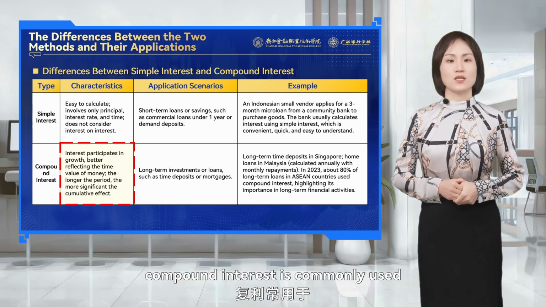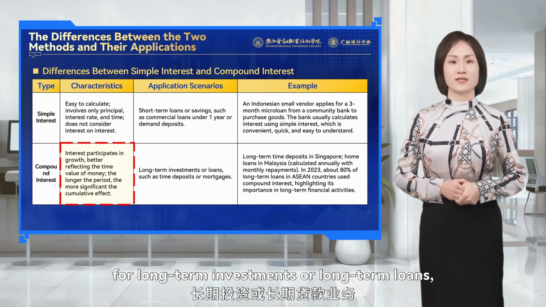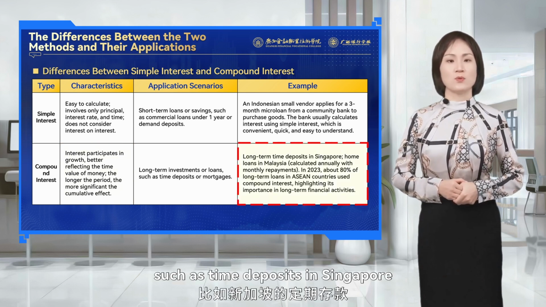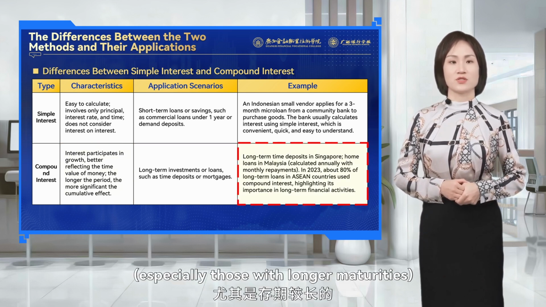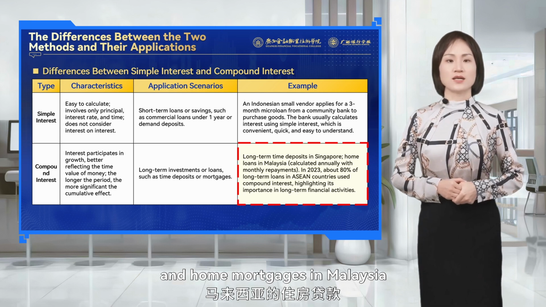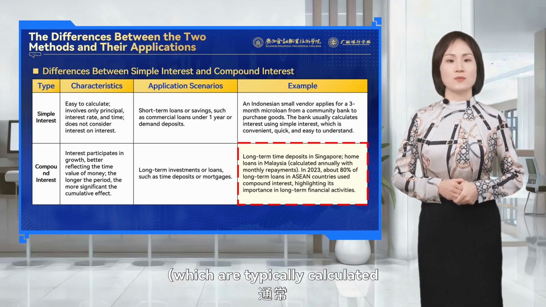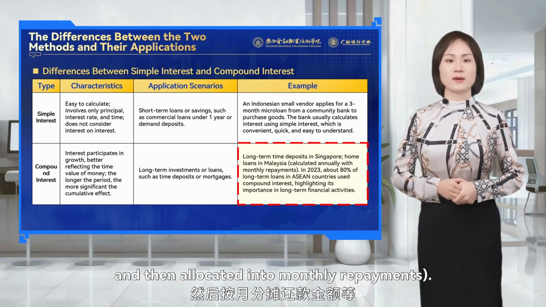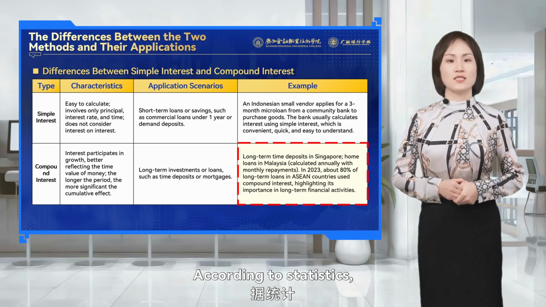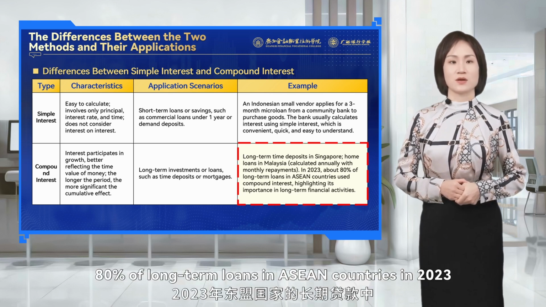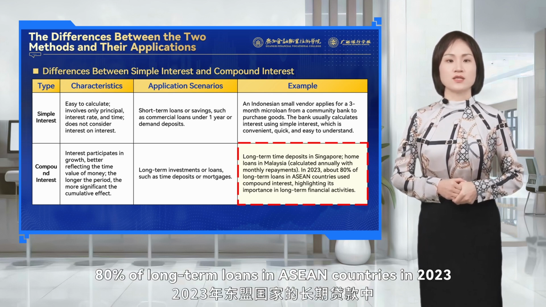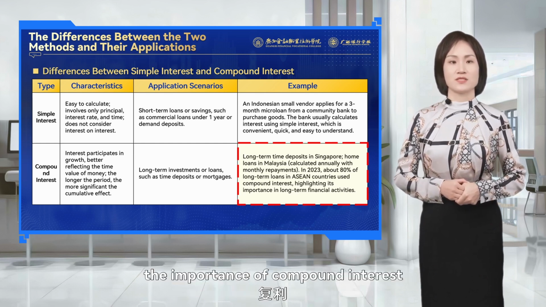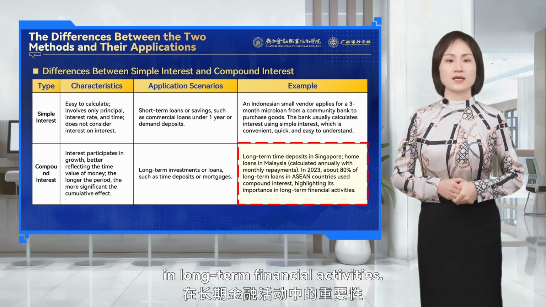Therefore, compound interest is commonly used for long-term investments or long-term loans, such as time deposits in Singapore, especially those with longer maturities, and home mortgages in Malaysia, which are typically calculated on an annual compound basis and then allocated into monthly repayments. According to statistics, 80% of long-term loans in ASEAN countries in 2023 adopted compound interest calculations, which highlights the importance of compound interest in long-term financial activities.